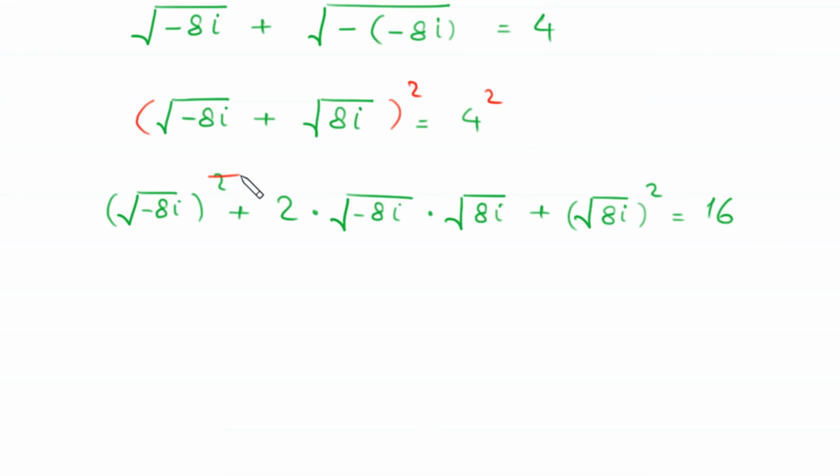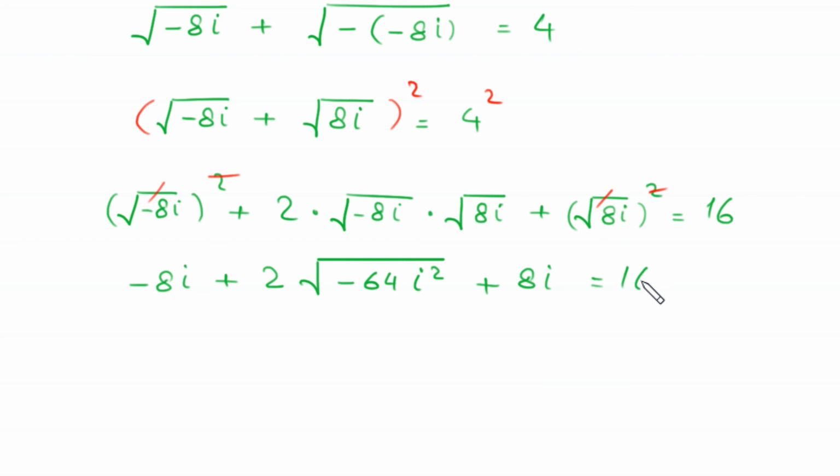Now this square will be cancelled out with this square root, and here we are left with negative 8i plus 2 times the square root of this negative 8i times positive 8i, which will become negative 64i squared, plus this square will be cancelled out with this square root, and here we are left with 8i is equal to 16. And this positive 8i will be cancelled out with this negative 8i.